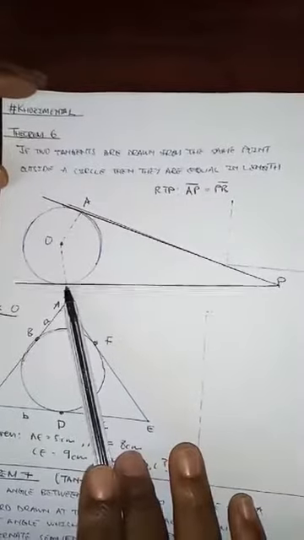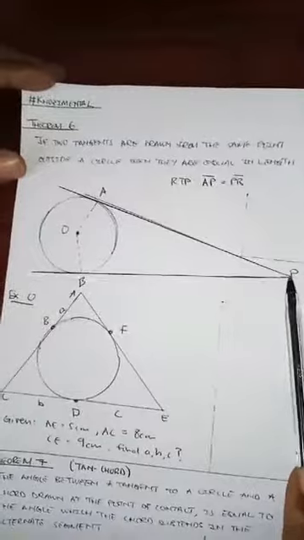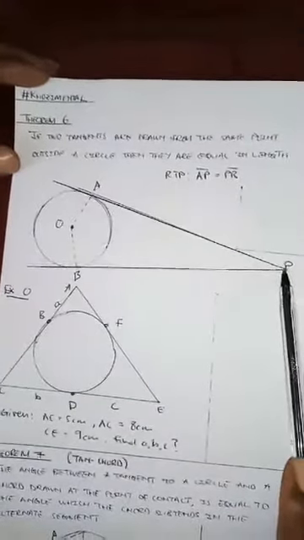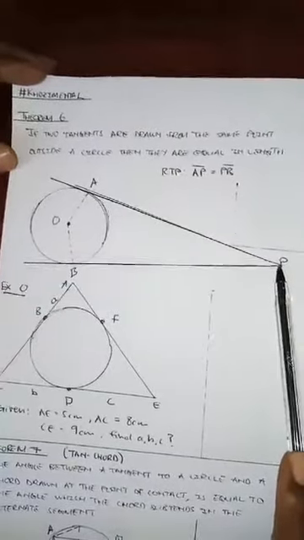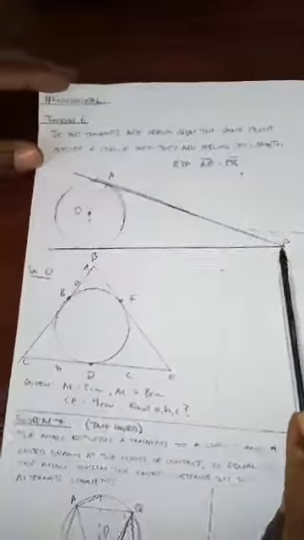So the theorem is that if these two tangents are drawn from the same point P, then they should have equal lengths. So if you want to prove the theorem, what would you be required to prove?